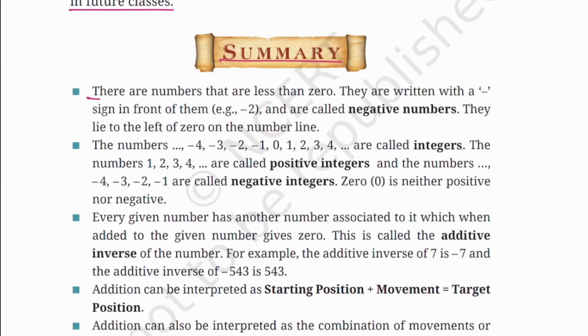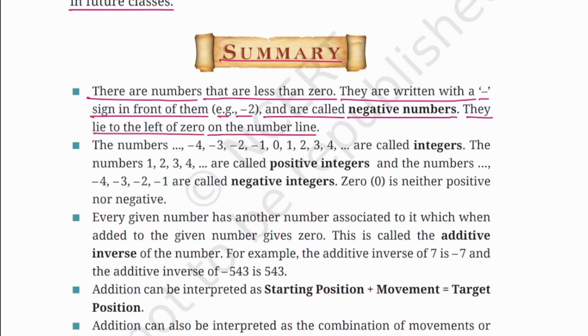Summary: there are numbers that are less than 0. They are written with a negative sign in front of them, for example minus 2, and are called negative numbers. They lie to the left of 0 on the number line. The numbers ..., minus 4, minus 3, minus 2, minus 1, 0, 1, 2, 3, 4, ... are called integers.